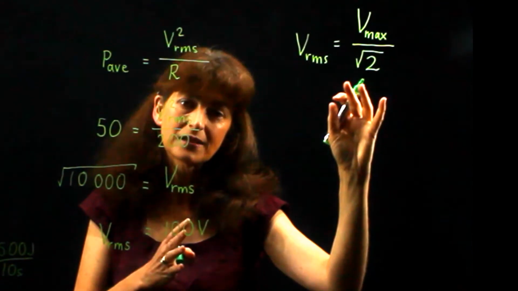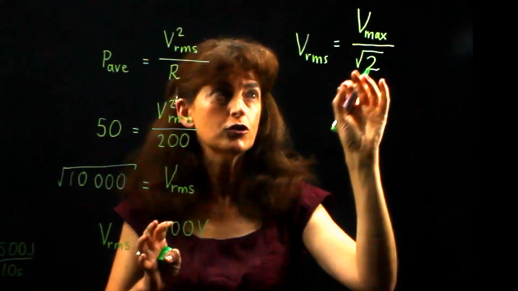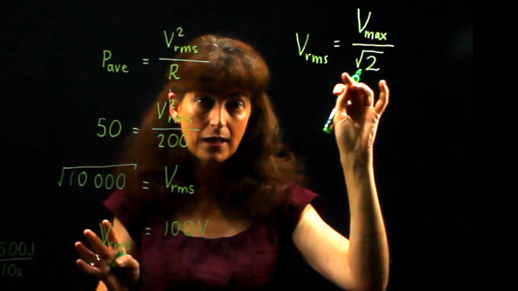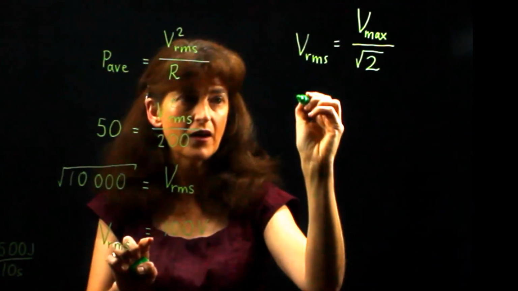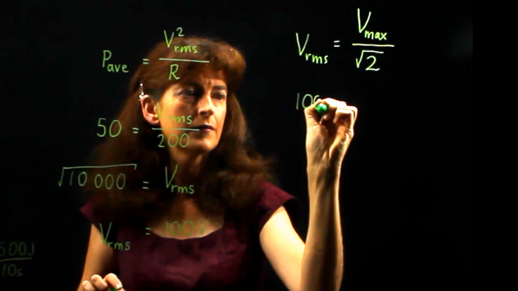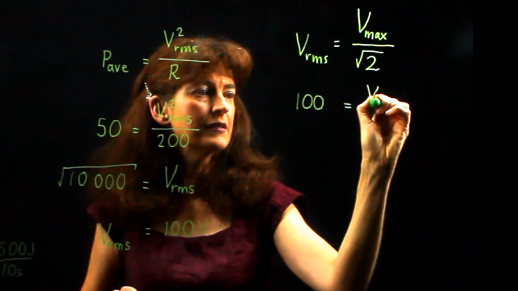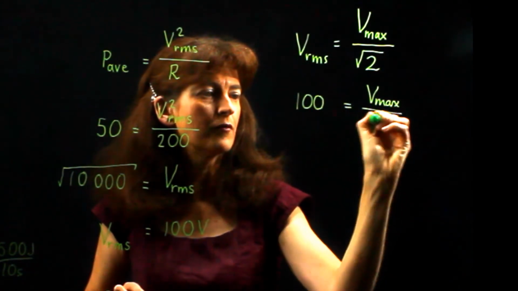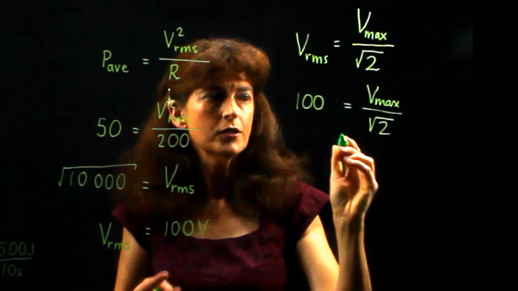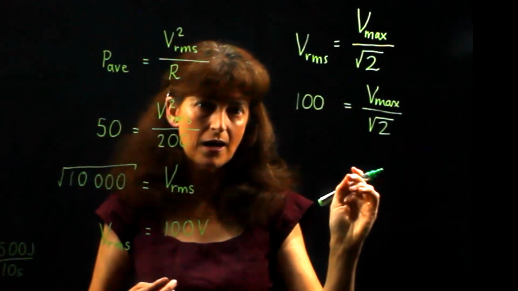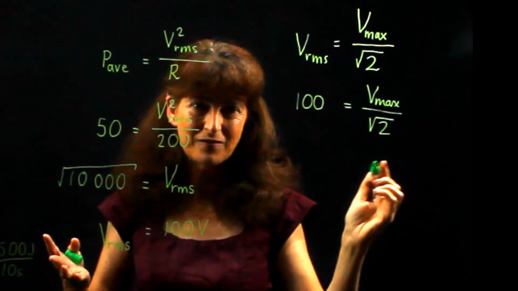And we can then substitute our values in to solve for Vmax, which is what they're asking in this question. We know that this value is 100 volts. We're trying to find this. And of course, we have square root of 2. So to solve for that, we multiply both sides by square root of 2, and then we have our answer.